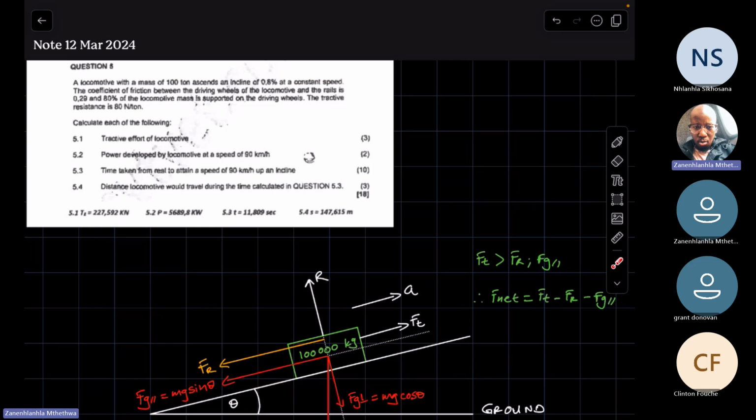And based on that, you would then have to ignore the constant speed and consider how acceleration affects the calculations.